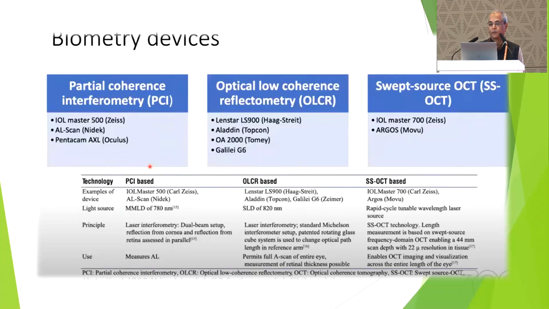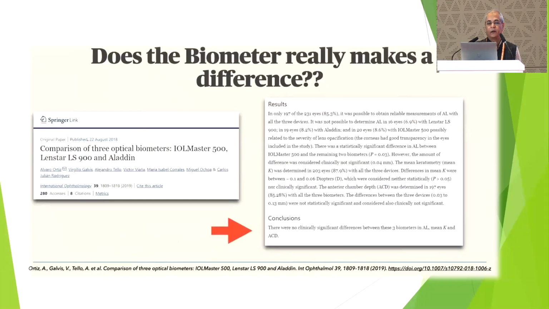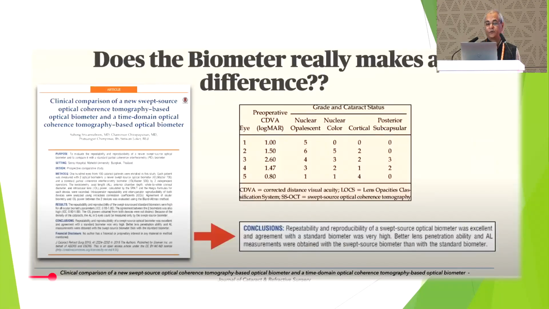There are three types of optical biometers we have, and this study shows that there is no clinically significant difference between the three biometers. So all are good, but the repeatability and reproducibility of the swept source optical biometer was excellent, and agreement with the standard biometer was very high.